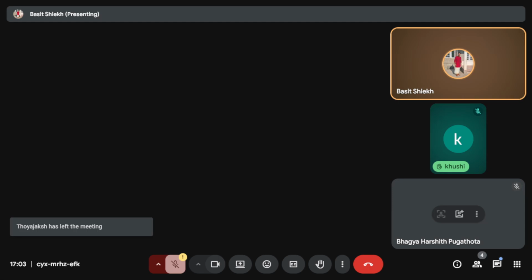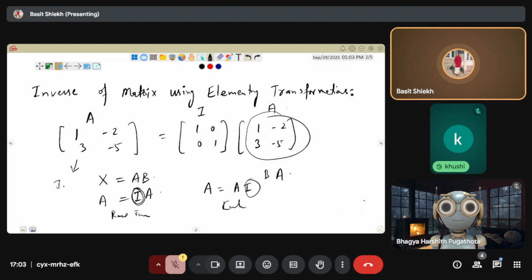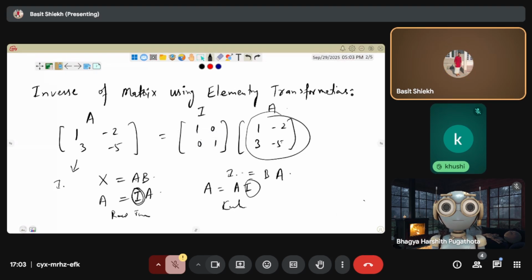Let's say this is unchanged, this will be some matrix B after elementary transformation, and this will be changed into I. And we know A into B equals to I. That means B is A inverse. So we will be getting A inverse.